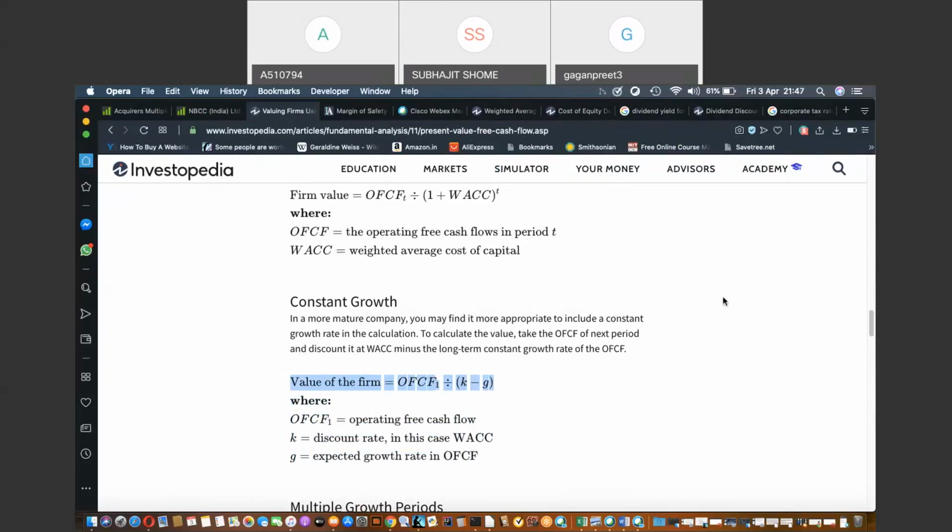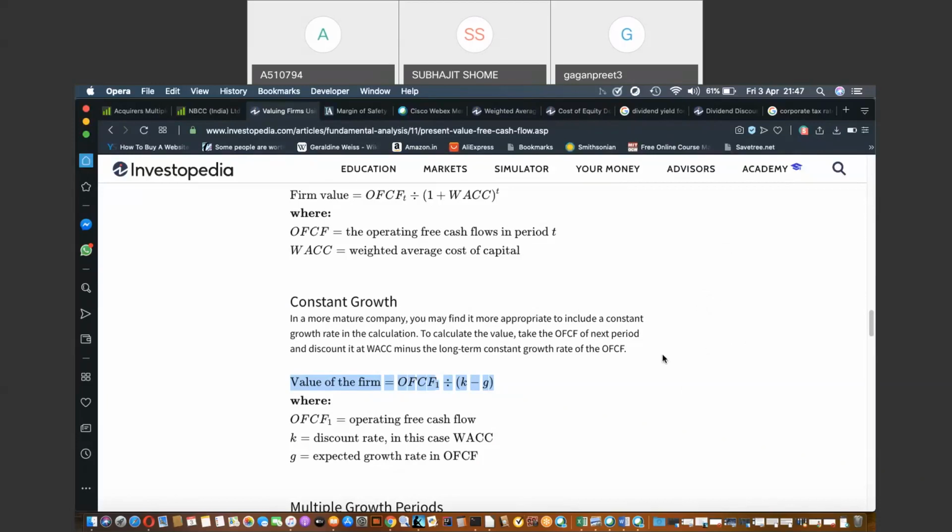It is actually operating free cash flow divided by K minus G. K in this case is, so the denominator you got is 0.0675. What is 0.0675? Yes, denominator.